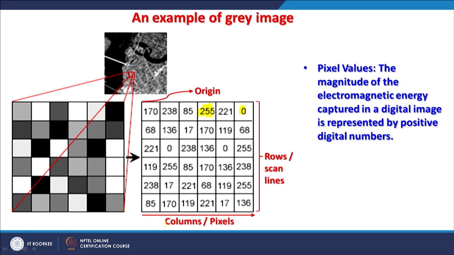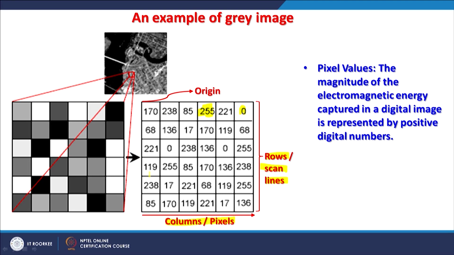Now, when we discuss all this, we also use some terms which I will explain here. We say number of rows and number of columns. The rows run in the horizontal direction, and the columns run in the vertical direction.